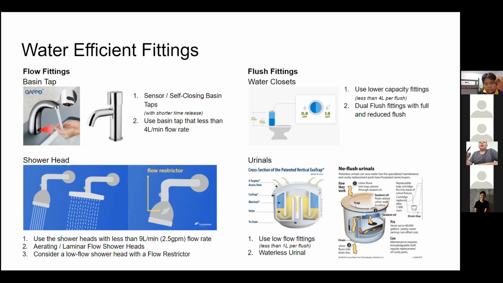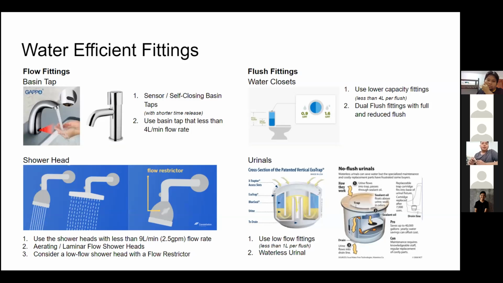For the basin tap, I saw the video. It uses a self-closing basin tap, but we can shorten the time it releases water so it can control the water flow. We can also use a basin tap with a flow rate of less than 4 liters per minute. For the shower head, I suggest a flow rate of less than 9 liters per minute.